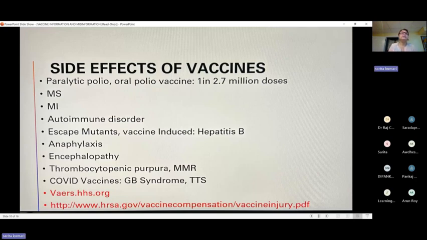There is something called escape mutation. This question was asked: what happens when you give a vaccine, what happens to your immune system, and what happens to the virus itself? Viruses mutate all the time. All viruses mutate. That's part of the problem with viruses, and that's why it's very hard to create a vaccine which is stable forever. They always need to keep changing.